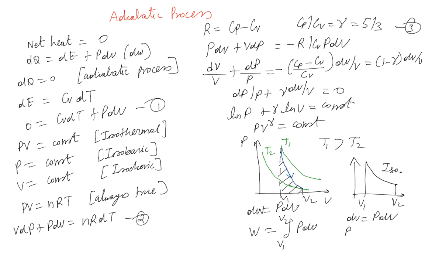For isothermal process, PV equals a constant, then P dV plus V dP equals 0, and then you can actually calculate. We can have a lecture on this, but it's just a matter of integration, finding P dV. So that was just work done for the adiabatic process. So let's talk more in the following class.